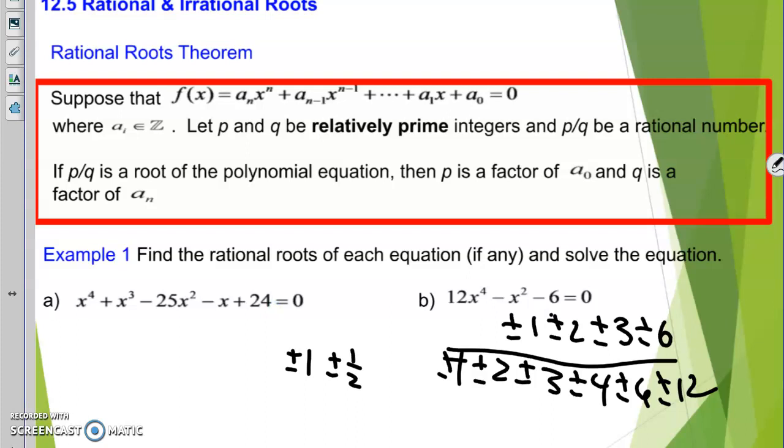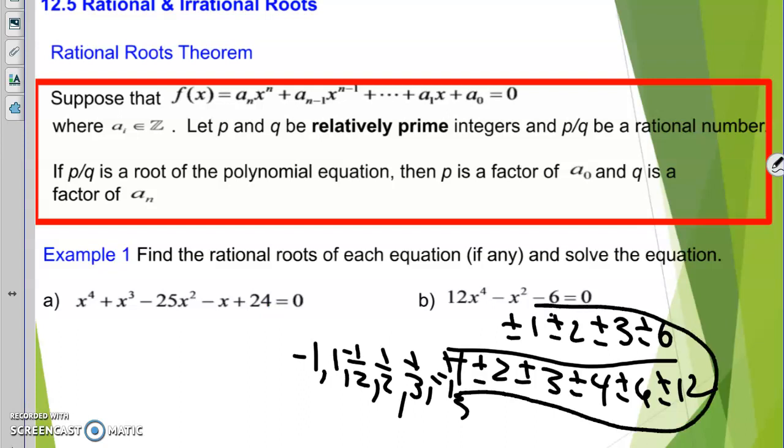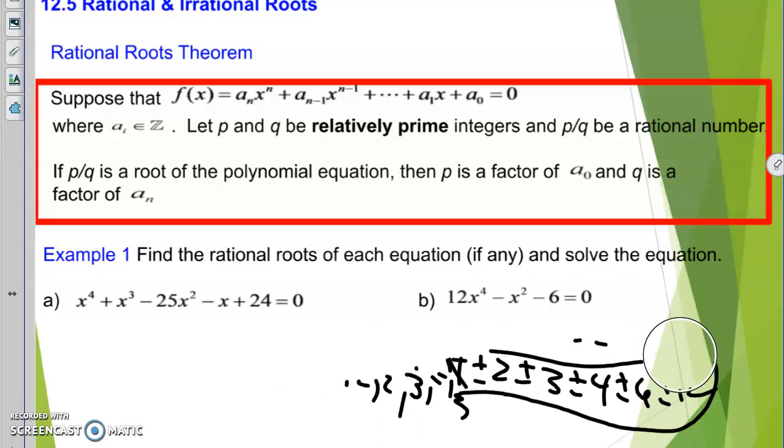And if I was going to be listing them, I'd probably do it separately. So minus 1, plus 1, minus half, plus half, plus a third, minus a third. Make sure you're making all the possibilities for that. So that would be your list of all the possible ones.